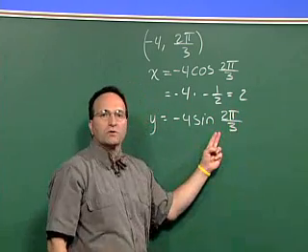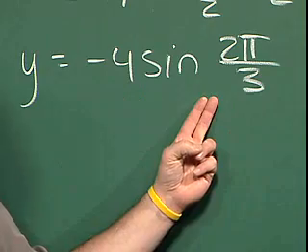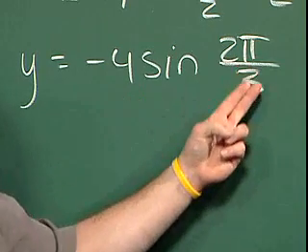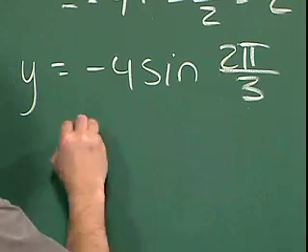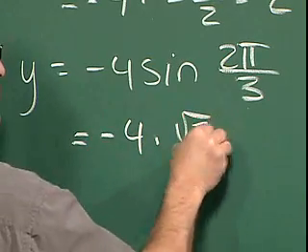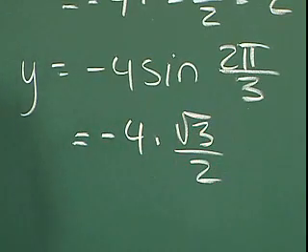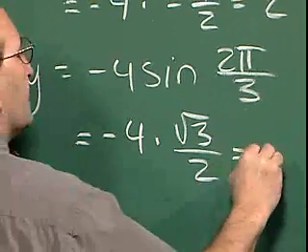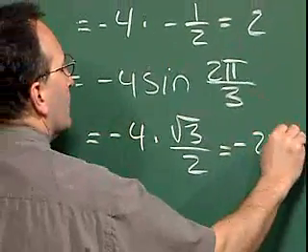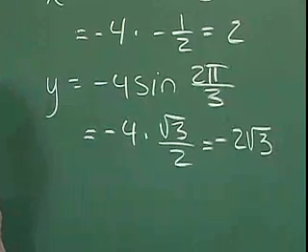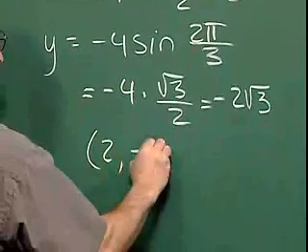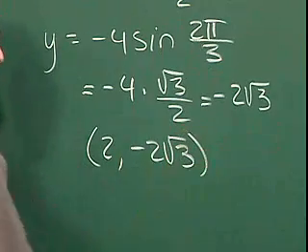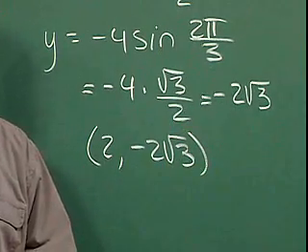Well, sine is positive in quadrant 2, we still have the reference angle pi over 3. The sine of pi over 3 is the square root of 3 over 2, and therefore this is equal to -2 square roots of 3, which gives us coordinates of 2 comma -2 square roots of 3.